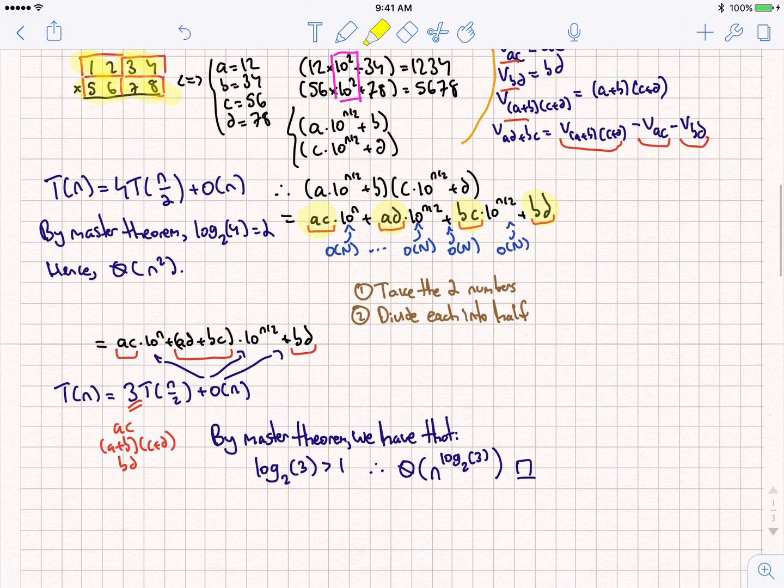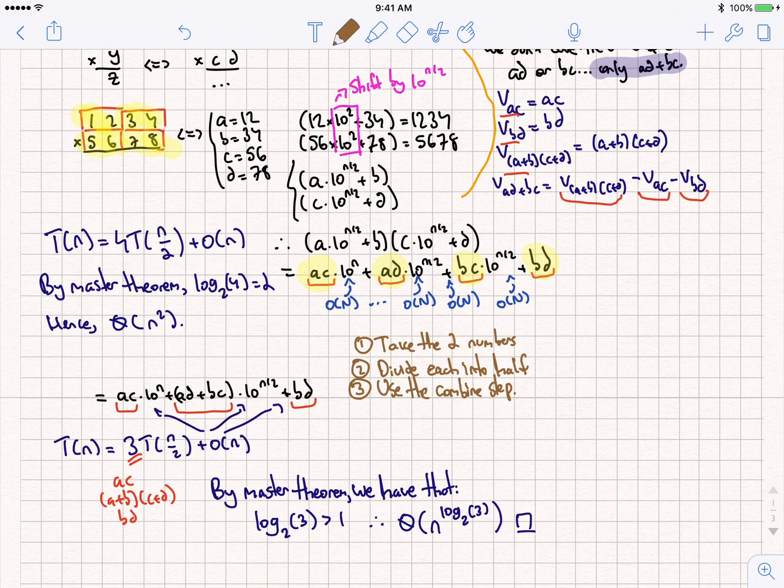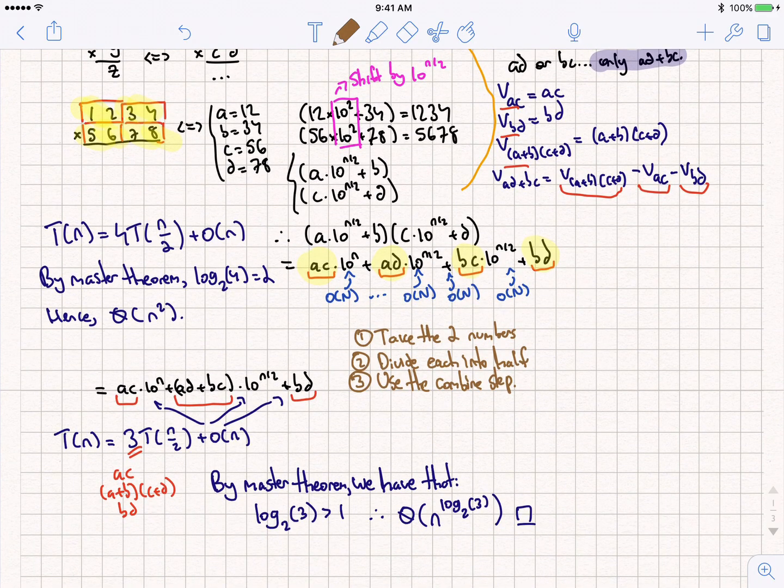There's 2 halves. And then use the combined step we mentioned before. So yeah, the idea is to optimize for multiplication, and Karatsuba's algorithm allows us to do that in O of n to the log base 2 of 3 time.